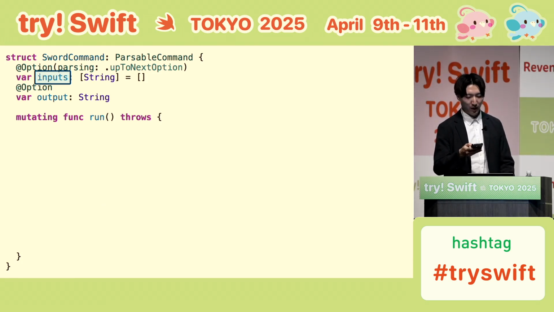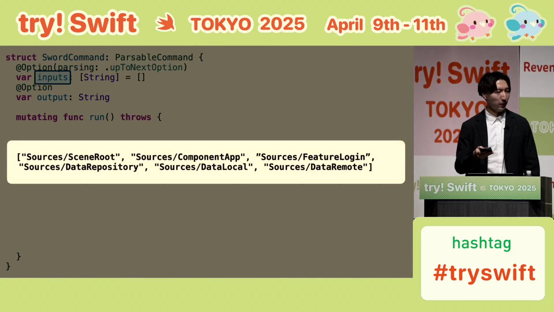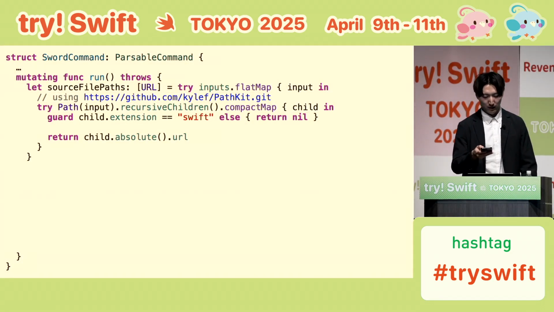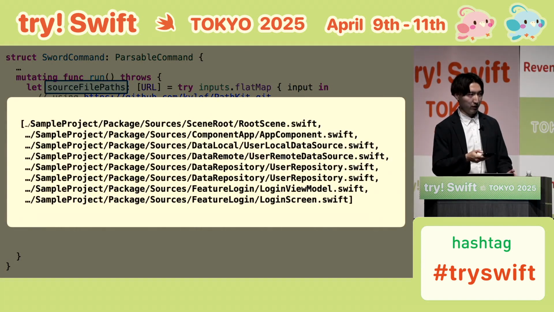First, the inputs in this command contain the directories holding source files. We use PathKit to collect the paths of all the Swift files under each directory. As a result, source file path now includes the path to every Swift file in those directories.